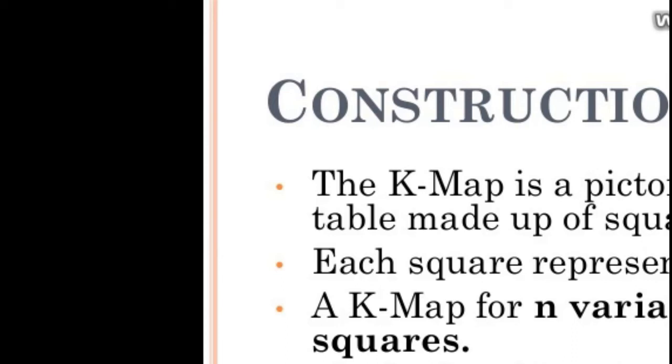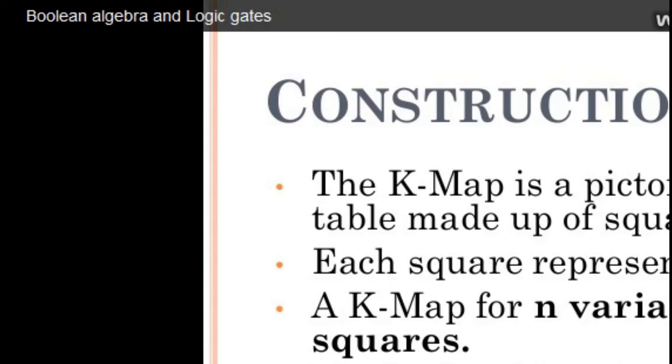Single variable K-map: the map consists of two squares, 2 to the power 1 is equal to 2 squares. 2 variable K-map: the map consists of 4 squares, 2 to the power 2 is equal to 4 squares. 3 variable K-map: the map consists of 8 squares, 2 to the power 3 is equal to 8 squares. 4 variable K-map: 2 to the power 4 is equal to 16 squares.